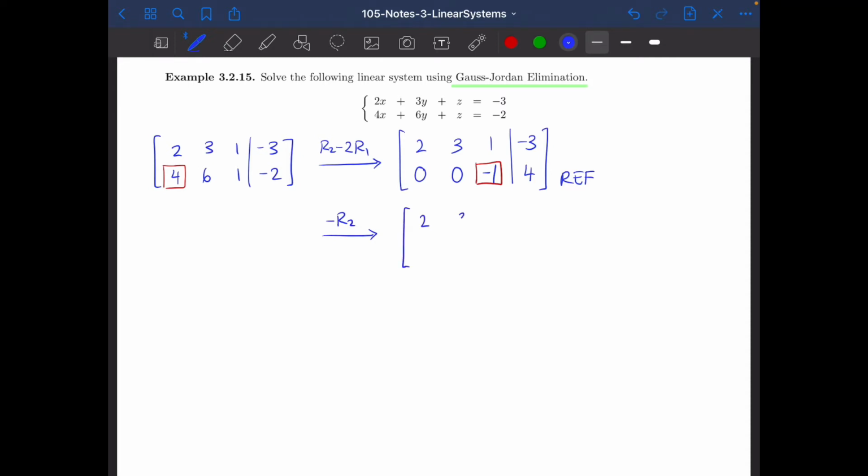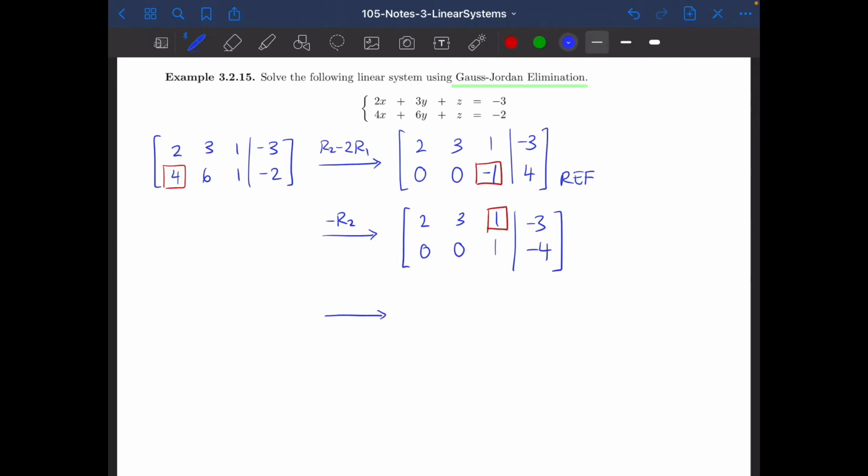So we still have 2, 3, 1, minus 3 in the first row, and then 0, 0, 1, minus 4 in the second row. So now I have a leading 1 in the second row. Now that leading 1 is in the third column, and in that third column there is also this 1, which needs to be a 0 in order for this augmented matrix to be in reduced row echelon form.